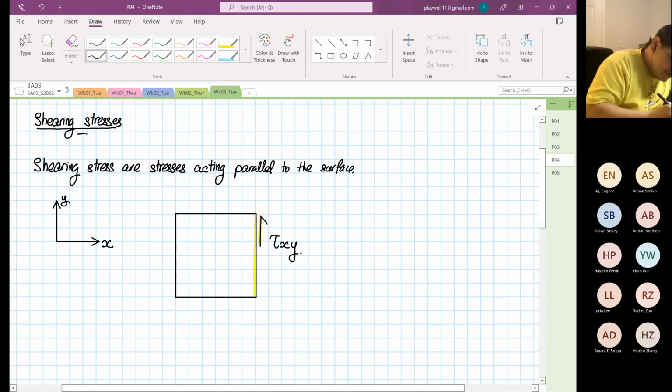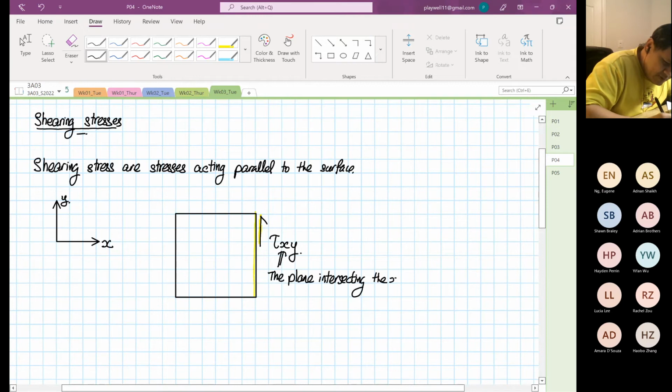Let me define what I mean by the x. The x is the plane intersecting the x-axis of the transformation.